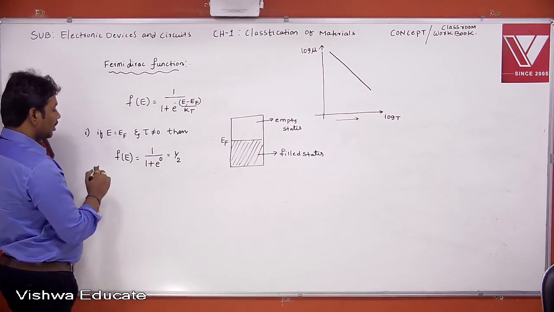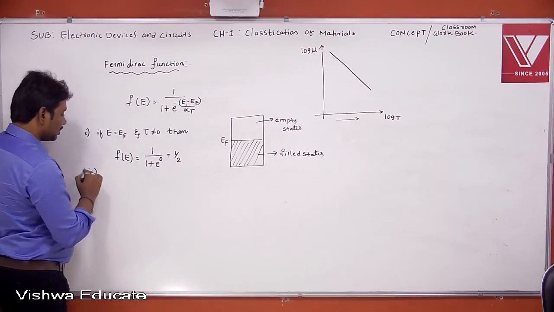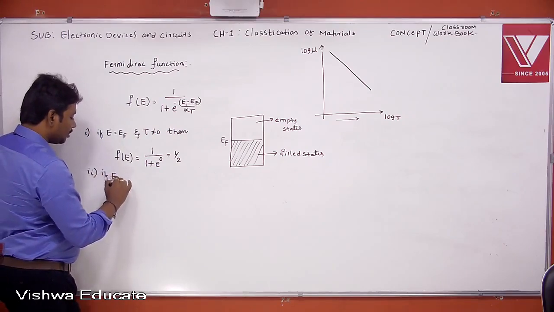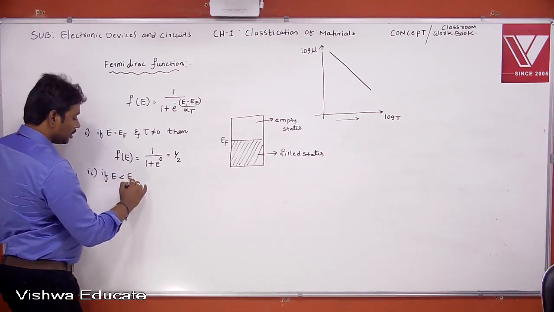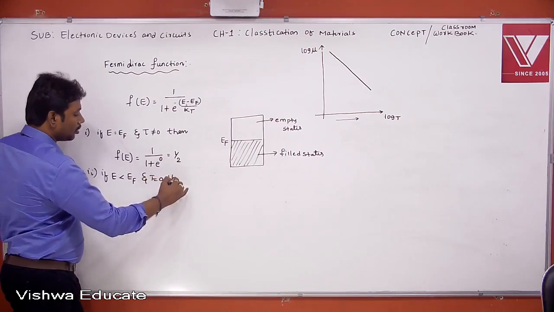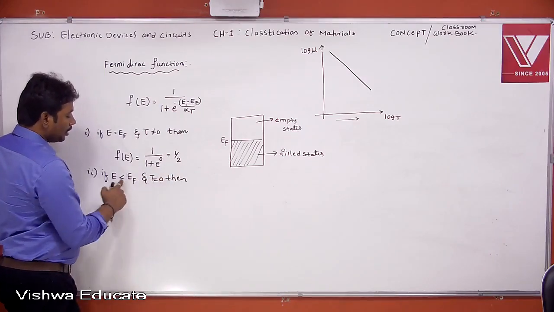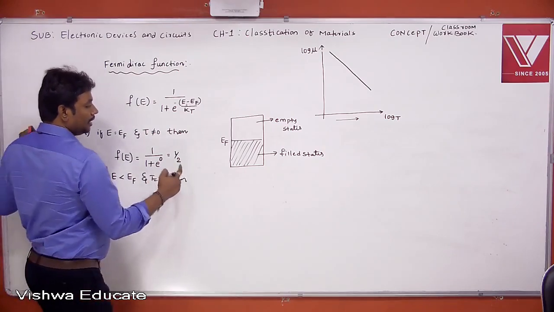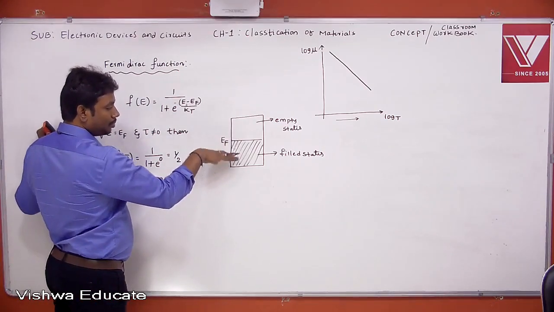Now, case 2. If the given energy level is less than the Fermi energy level and temperature is equal to 0, E less than EF means the given energy level is below the Fermi level.